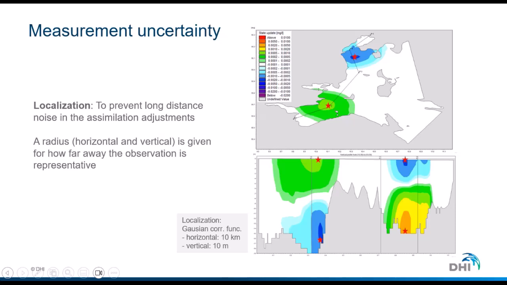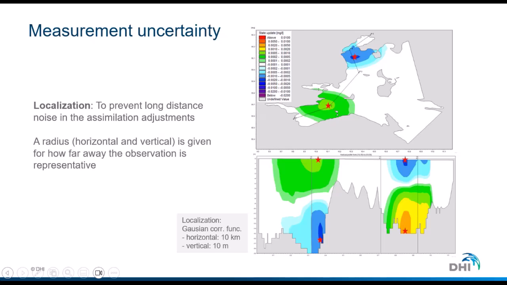So in the example here to the right, we have 4 measurements, 2 at the surface at the right stars, and 2 more at the bottom just below the stars. And here we are introducing a localization radius of 10 kilometers horizontally and 10 meters vertically for each of these 4 measurements, meaning that we are limiting the adjustment based on these measurements to within these radiuses.